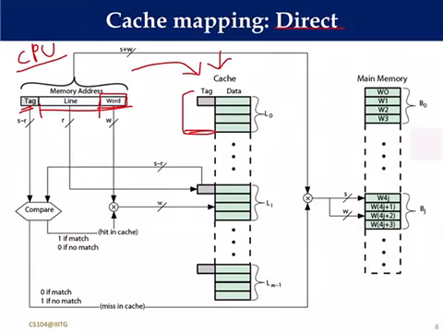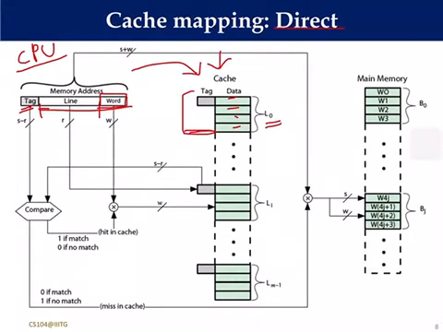This is one line, line 0. It contains multiple words, and the word will be given by the bits in this word field. Then the next few bits, the line, will tell where in the cache you might get this particular item.